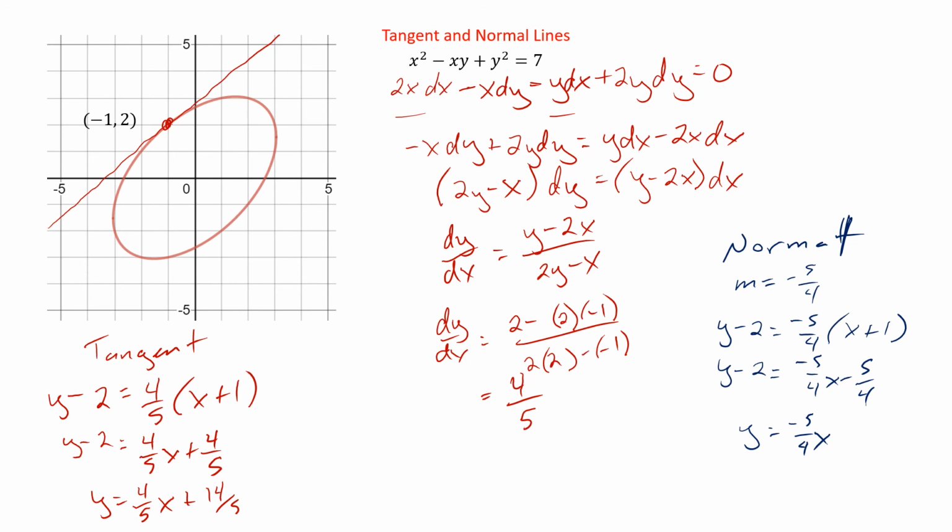Negative 5/4 x, and let's see, negative 5/4 plus 8/4 is going to be plus 3/4. So we have that point. We can use a slope of negative 5/4 as well, and cross at a 90-degree angle right there.